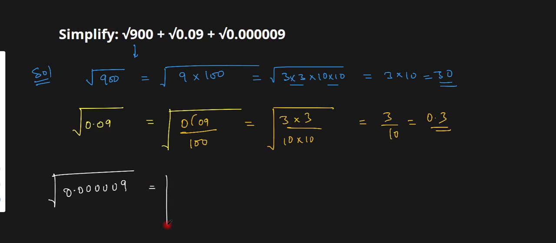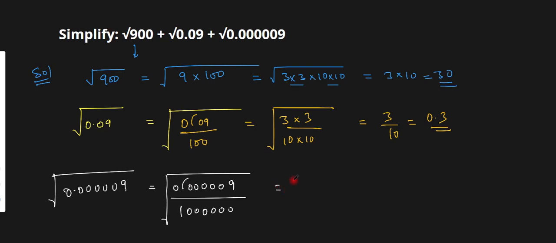Now if you remove this decimal here, 1 2 3 4 5 and the 6th is 9, what you'll have, 1 2 3 4 5 6. So you need to put 6 zeros in the denominator, right? If you remove this decimal, you need to put 6 zeros in the denominator.